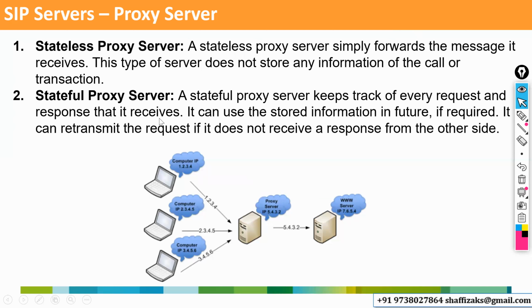Every piece of information it sends and receives is stored locally on that server. It can use the stored information in future, and it can retransmit the request if it does not receive a response from the other side. So this is about stateful and stateless proxy servers. Got it?